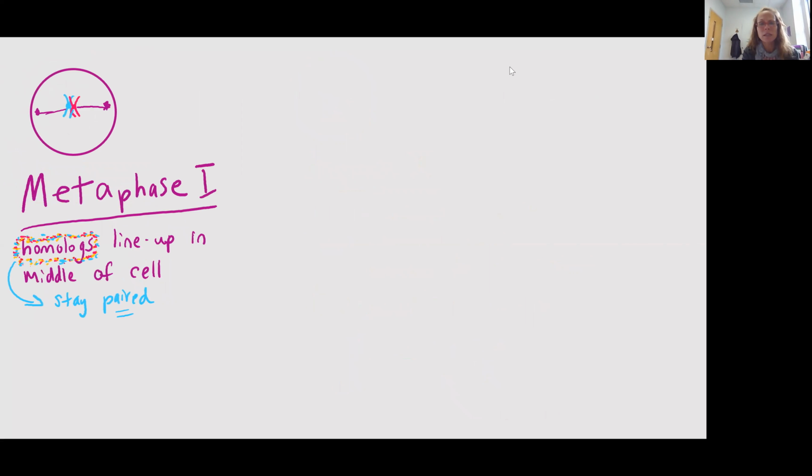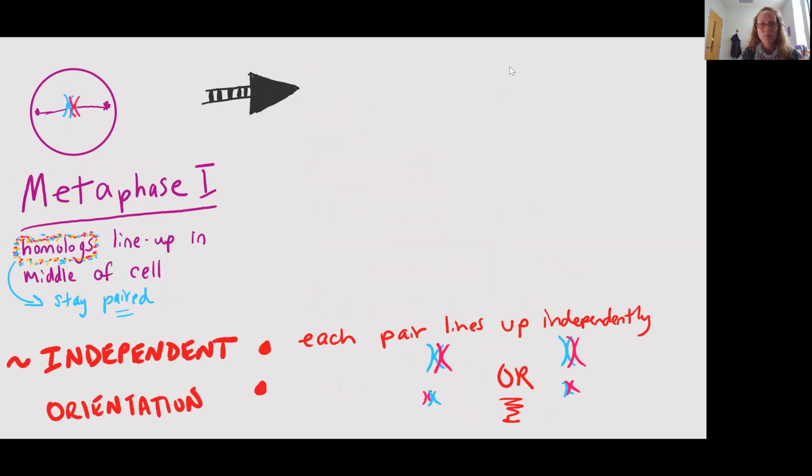Then we see the chromosomes are going to line up in the middle of the cell for metaphase 1. But here is something else that's new. They stay paired. We did not see that in mitosis, but we see that here. And then we are seeing here also that independent orientation where each pair lines up independently of each other.